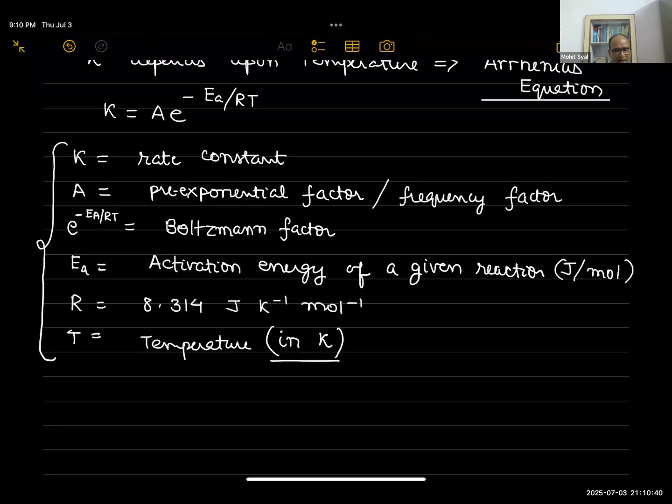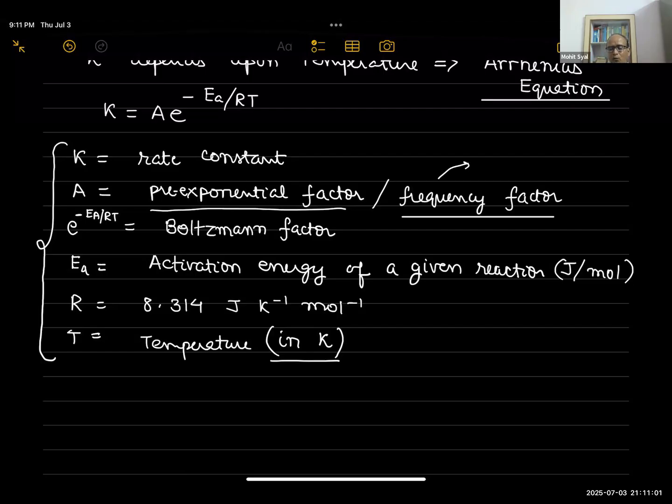Okay, what is the meaning of A? It is a pre-exponential factor. This is quite a common name because it is coming before the exponential part. It is a frequency factor because it represents the number of collisions per second.